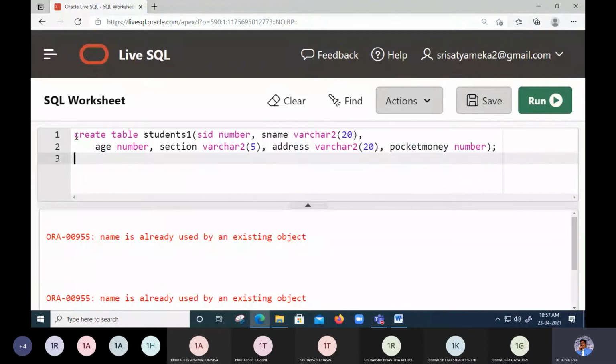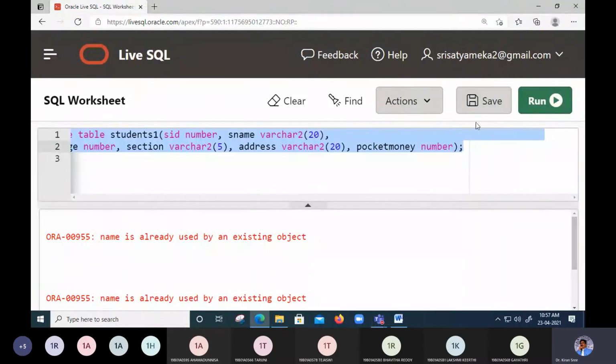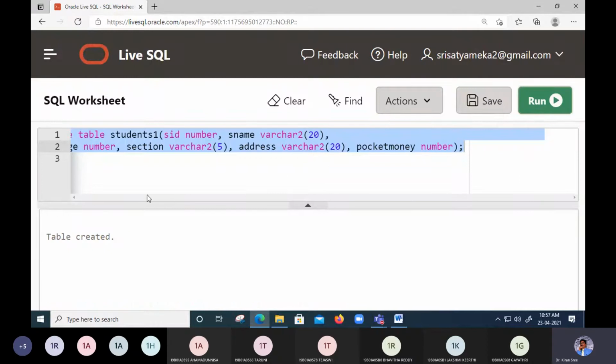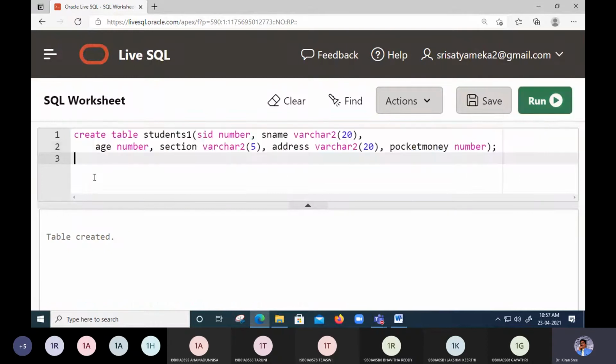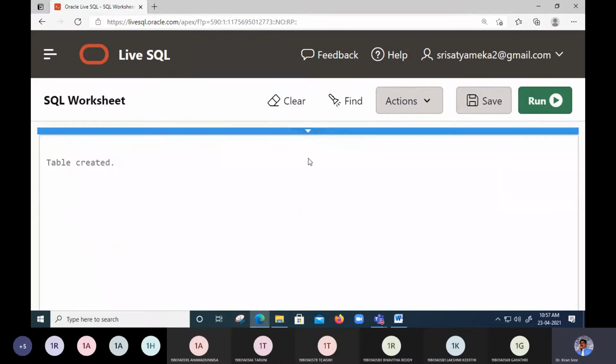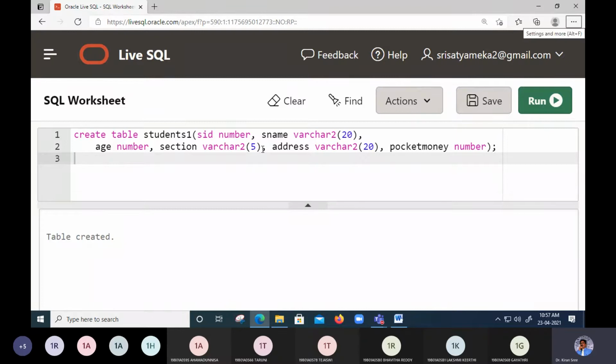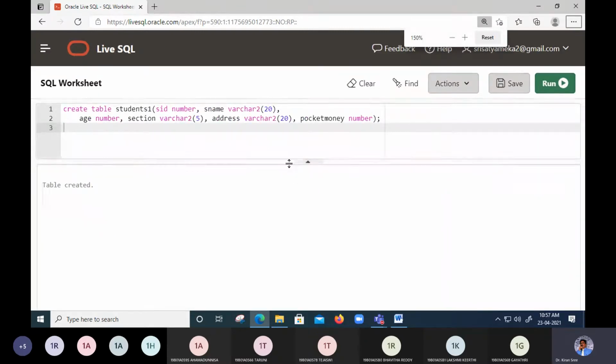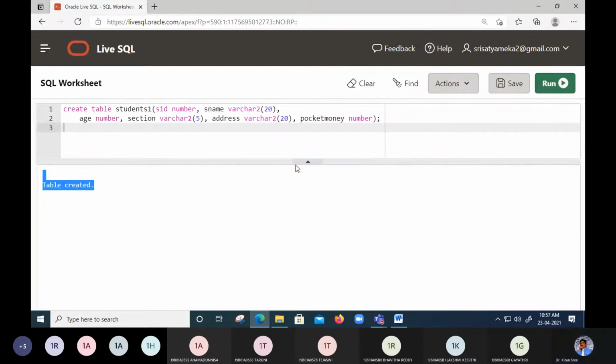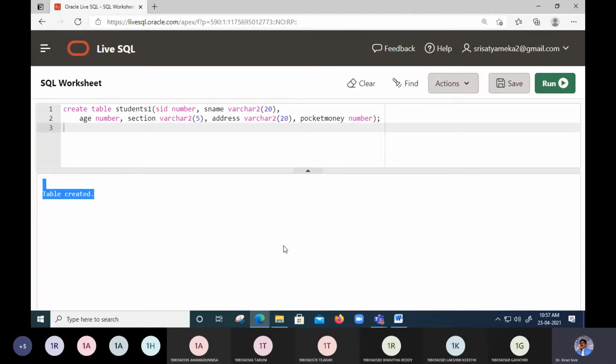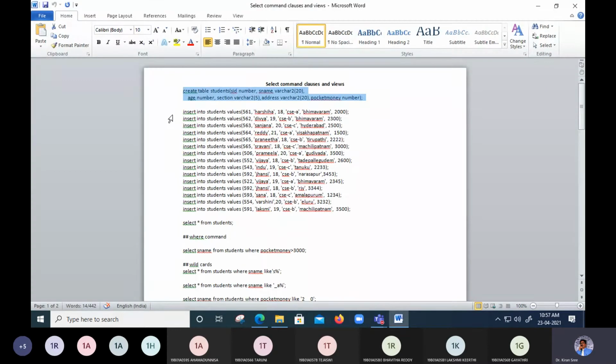Now you can see table 1 is created. Now I have to use the insert operation to insert the records, so I will be using the insert command.